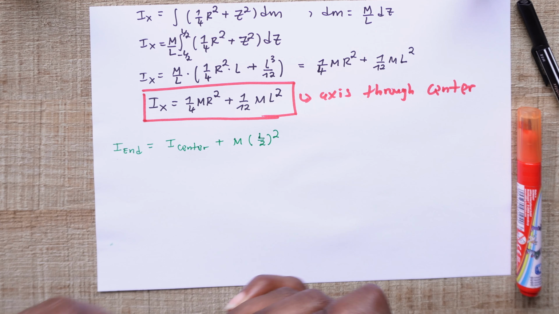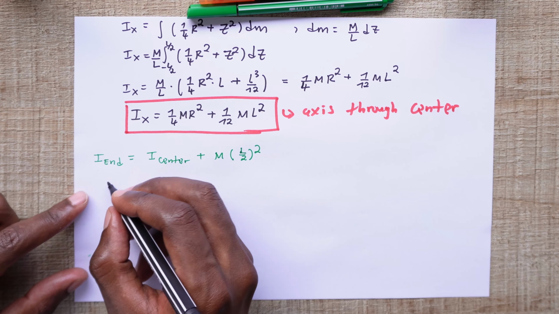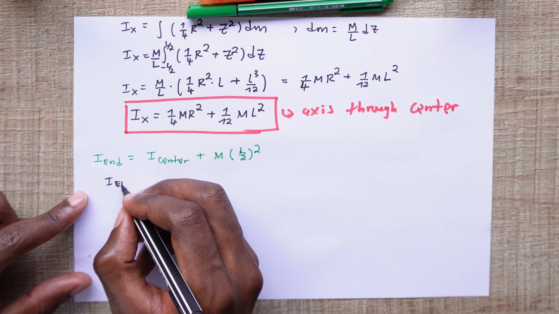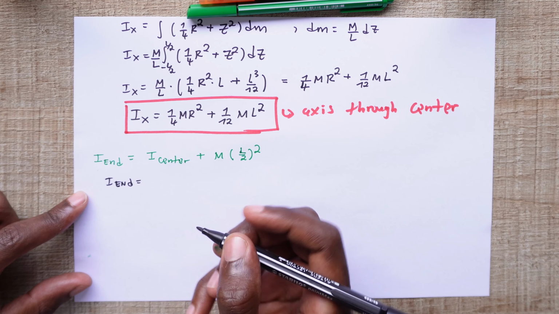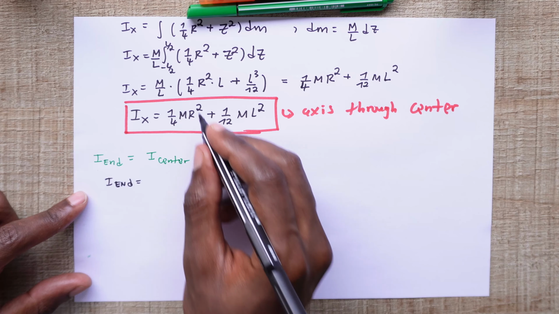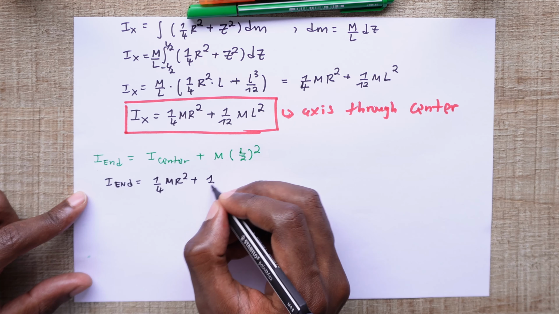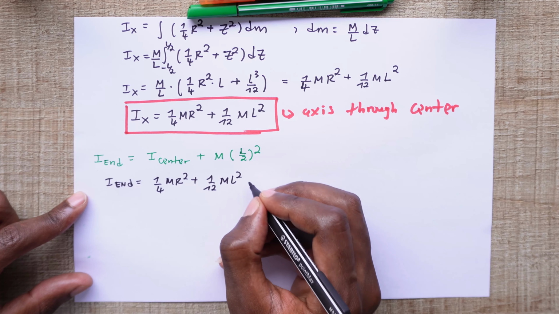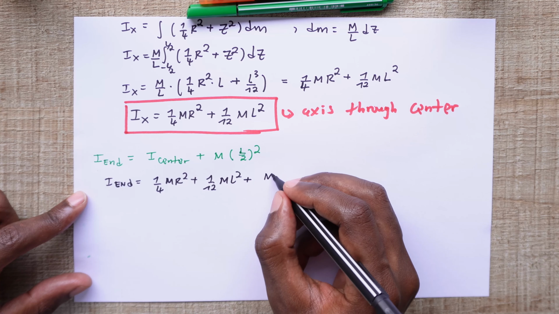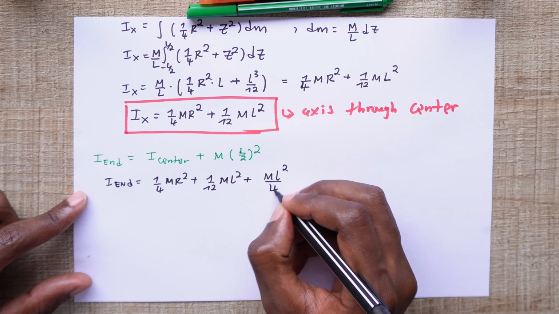So if we simplify this, we're going to have that I end is just going to be I center, so this 1/4 M r squared plus 1/12 M L squared plus M L squared over 4.